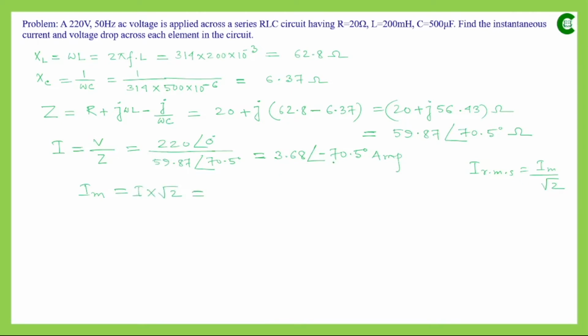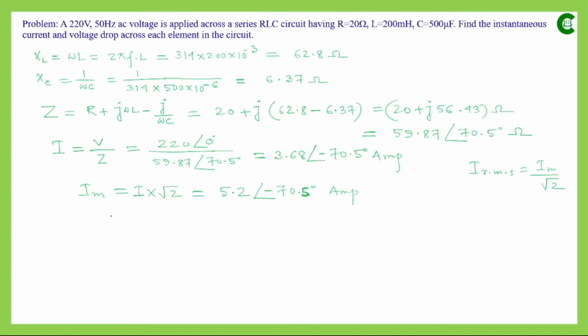So the peak value will be 3.68 multiplied by root 2, and that will be 5.2. Angle-wise there will be no change, it will be minus 70.5 degrees, as this root 2 has only a real value. So the angle of this current will be added with that 0 degree, so it will remain that angle only, which itself is negative. This will be ampere.